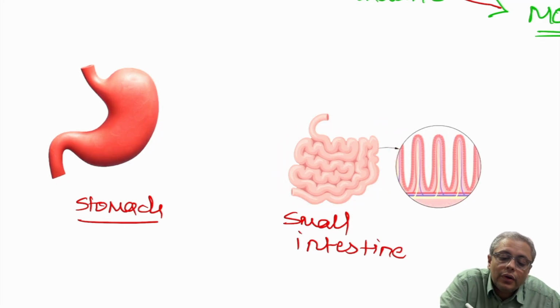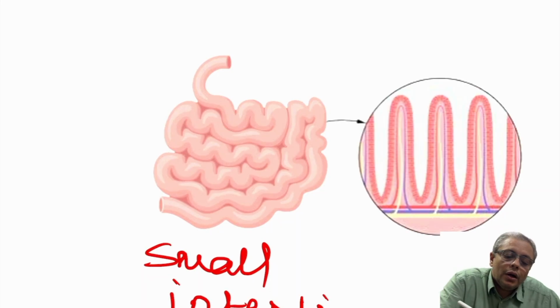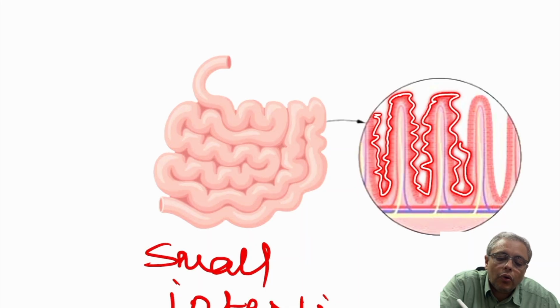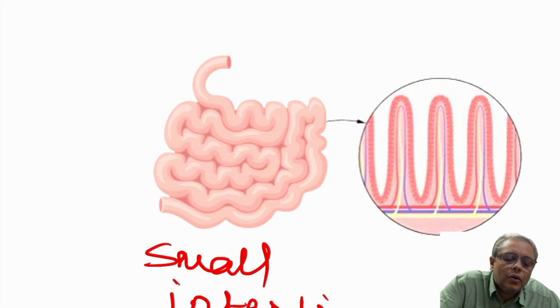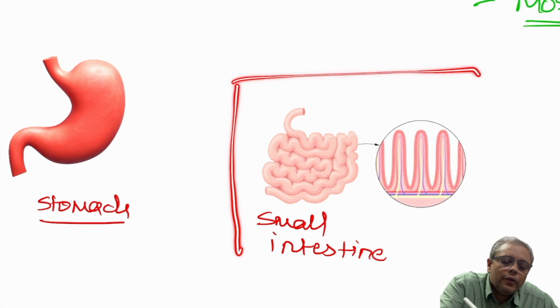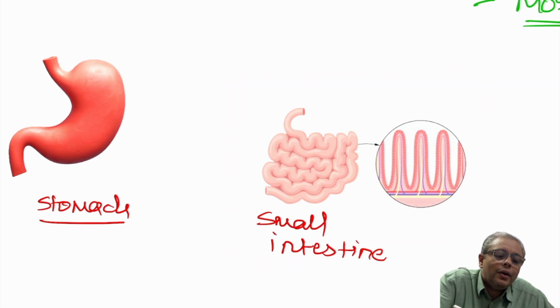And further to this, if you just look at the small intestinal structure, there is a villi-like structure. So the area of absorption is significantly more. So there is no comparison of the surface area of absorption between the stomach and the small intestine. There is thousand-fold more area for absorption in the small intestine as compared to the stomach.